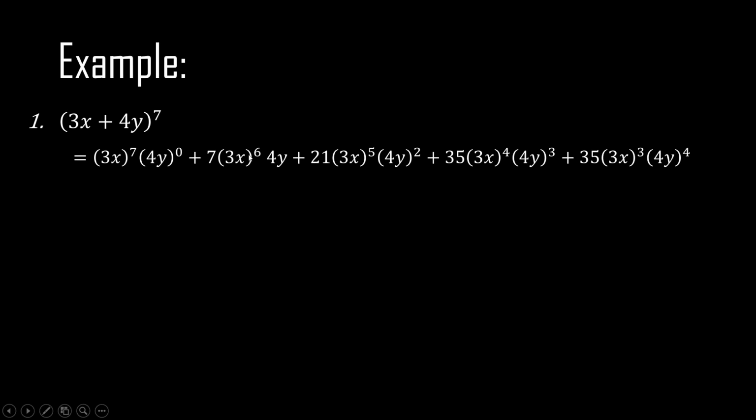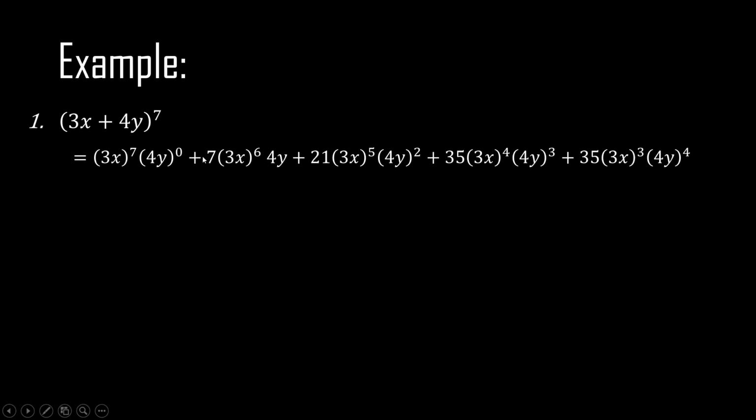So plus the exponent times the first term raised to the exponent minus 1, because it will decrease by 1. So that's why it's 6. Then times the second term raised to 1, because it will increase by 1.